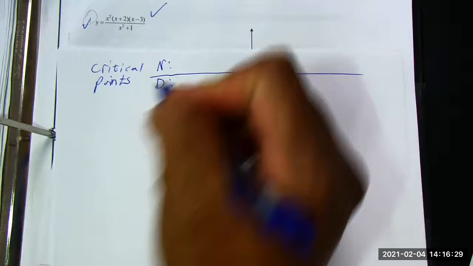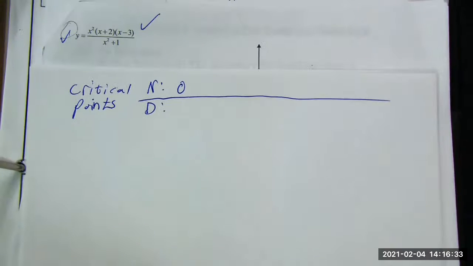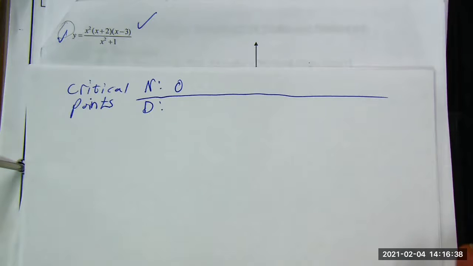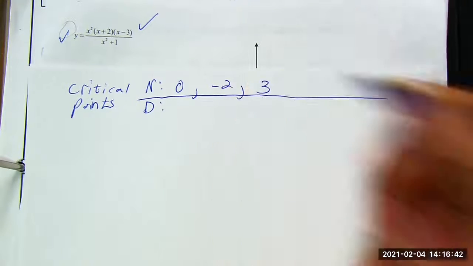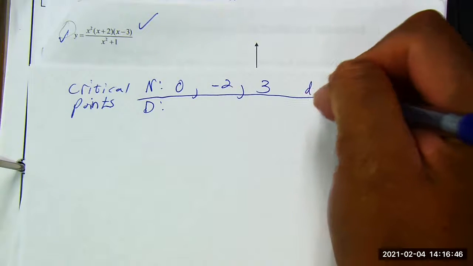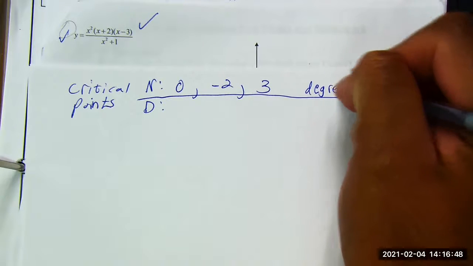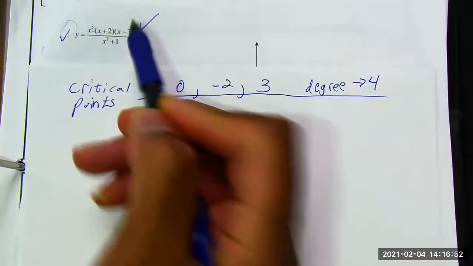So looking at the numerator, I have a critical point at 0, at -2, and at +3. I'm also taking note that the degree of the numerator is 4. 1, 2, 3, 4.